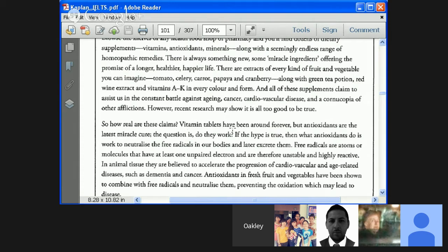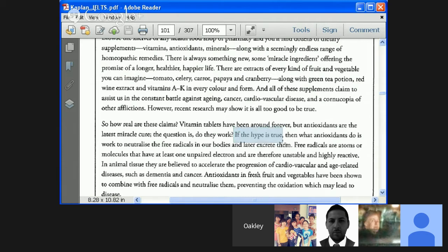I think it's wrong because here it says free radicals in our body, and the question says free radicals from our body. Yeah, from our body, in our body mean the same thing. Oh, the same? Oh, so that's true. Yeah.